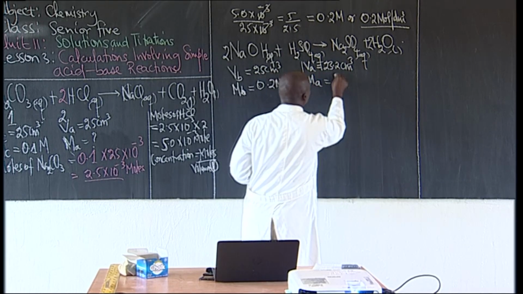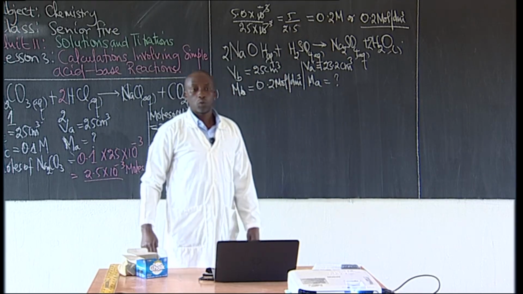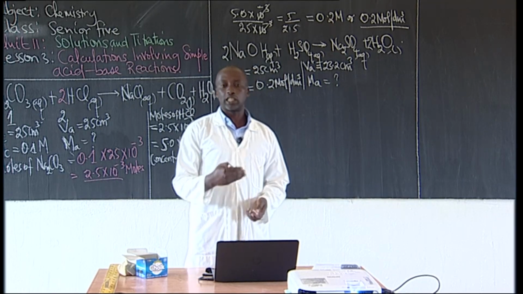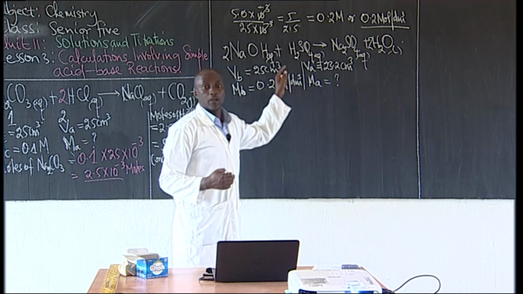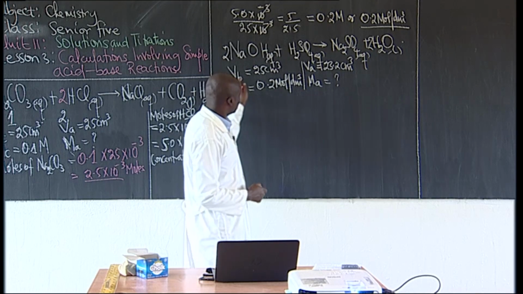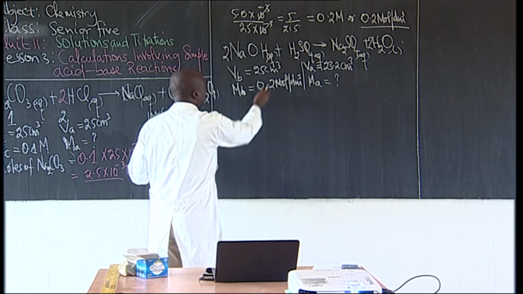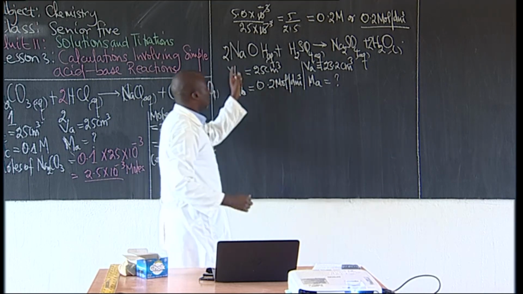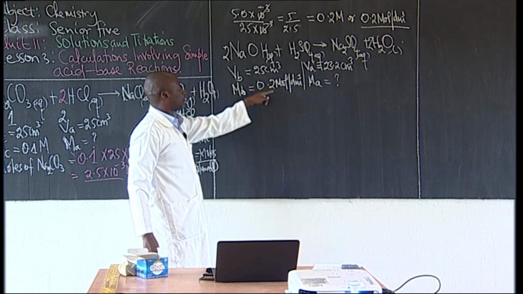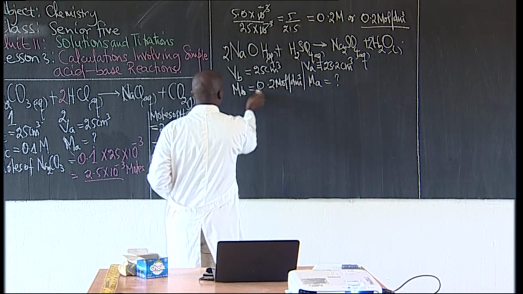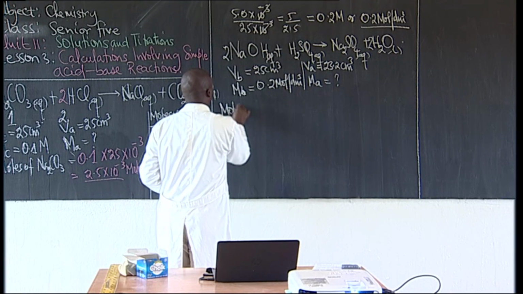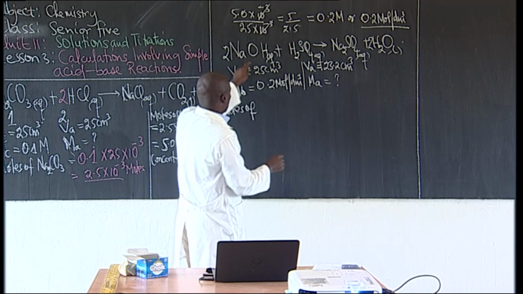The molarity of the acid is also what is required. Calculate the concentration. Concentration is the molarity in moles per liter. This is the same as we have done. We start with the known. This is a standard solution because its molarity is known in a given volume. So we are starting with the moles of sodium hydroxide.